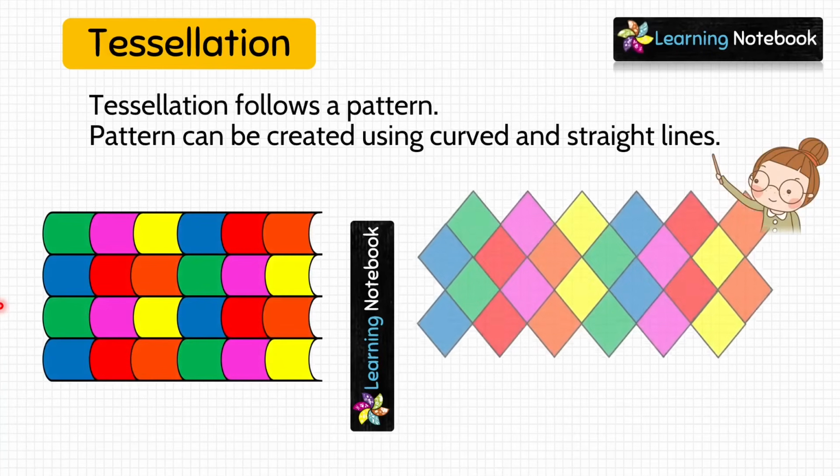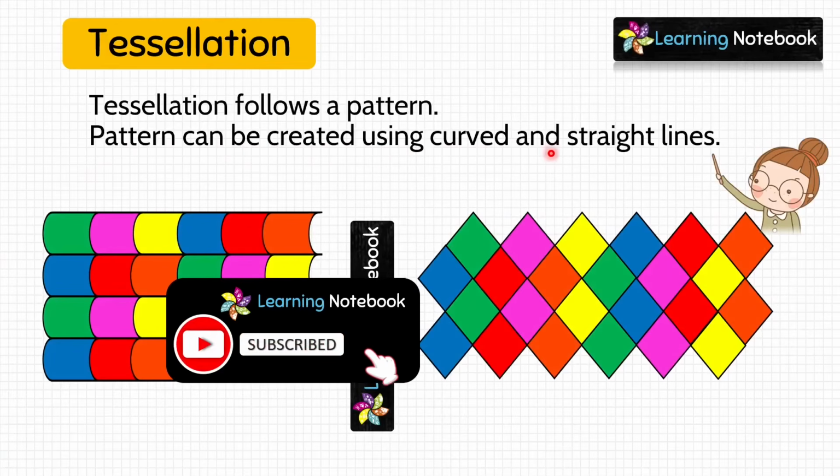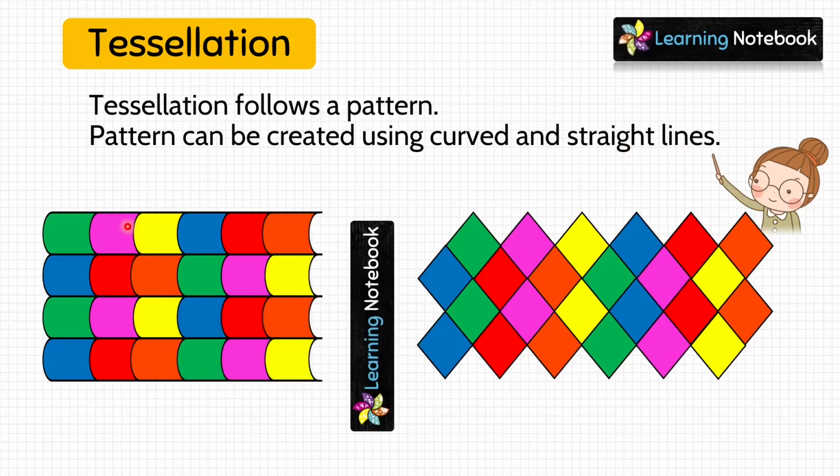Tessellation follows a pattern, and the pattern can be created using curved and straight lines. Like look at this first figure. It's a tessellation and it is following a pattern which is created using curved lines. These are the curved lines here, right? Now look at this second figure. This is also a tessellation and here the pattern is created using straight lines. These are the straight lines here.